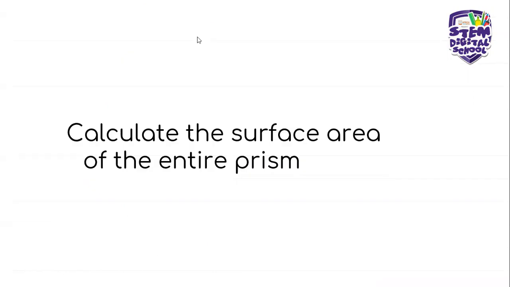And then, of course, we want to calculate now the surface area of the entire prism. Is there anyone who is willing to just take a pen and paper and calculate the entire surface area? Can we proceed to calculate the surface area of the entire prism?